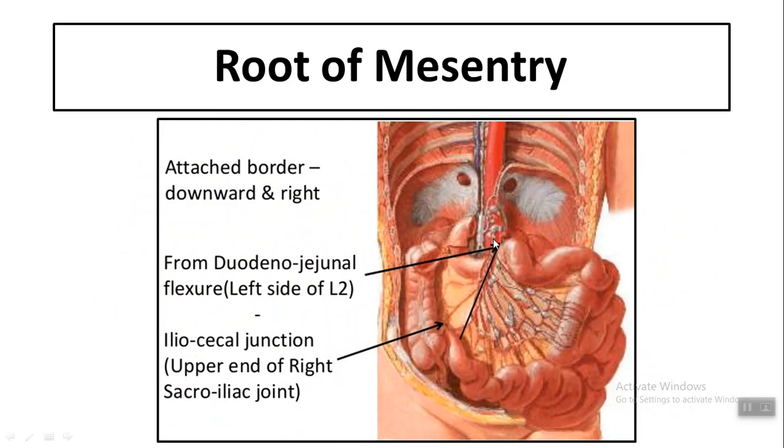The mesentery is attached to the posterior abdominal wall in a line that runs from the left side of the second lumbar vertebra downward and to the right to reach the area of the right sacroiliac joint. This is the root of the mesentery, or the attached border, downward and to the right.